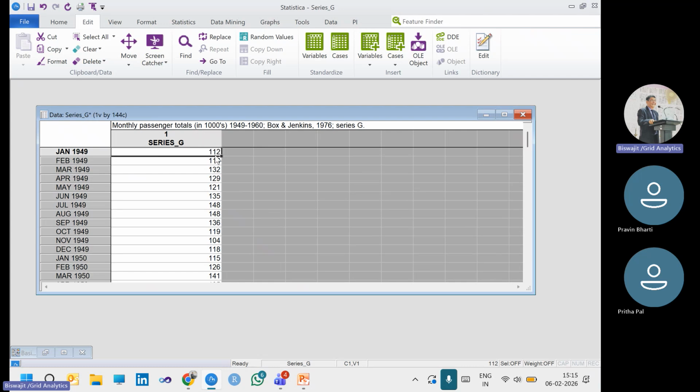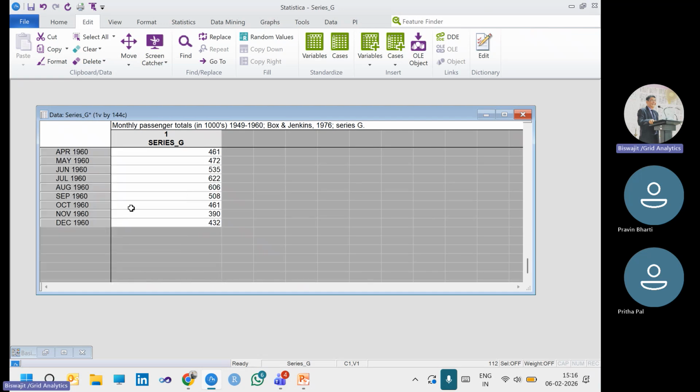So 112 means 112,000 passengers traveled during the month of January 1949. Likewise, this data has been recorded monthly for 12 consecutive years. So 12 years means 144 observations we have. Our task here: we have the historical data till 1960.